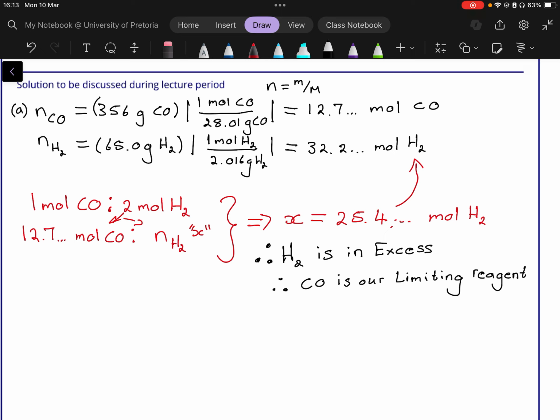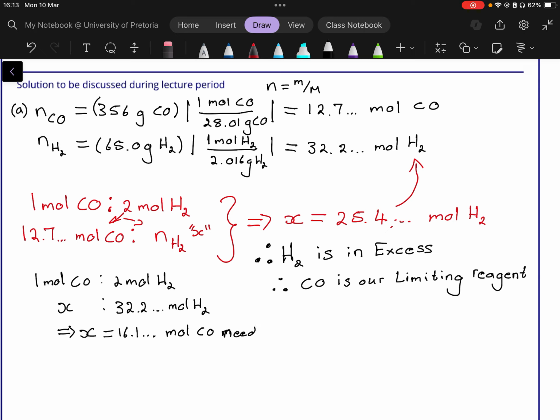You could also have done it the opposite way around, right? You could have said 1 mole CO reacts with 2 mole hydrogen. How many moles of CO do we need, given we have 32.2 mole hydrogen? This would have given a value of X divided by 2, so that's 16.1-ish mole CO needed.